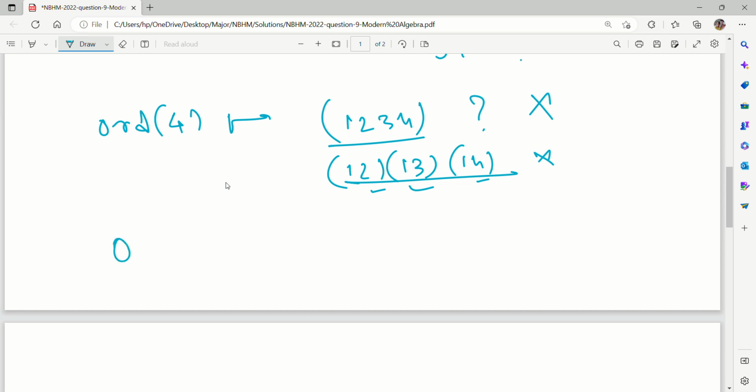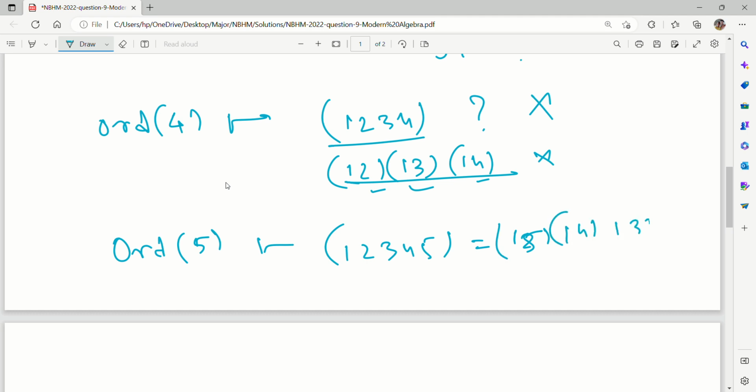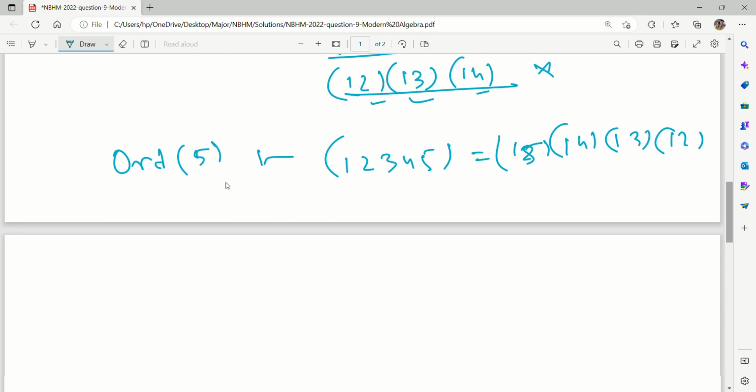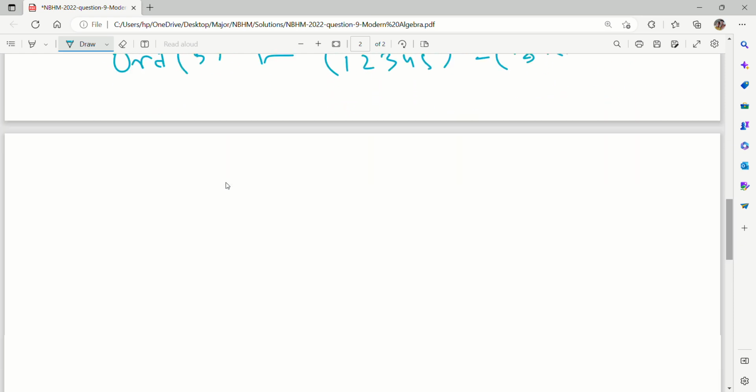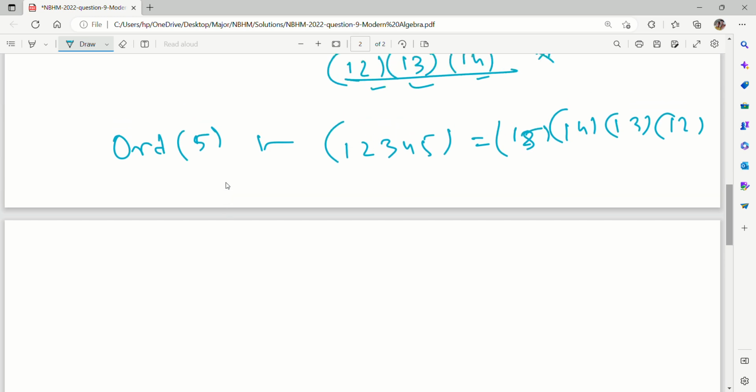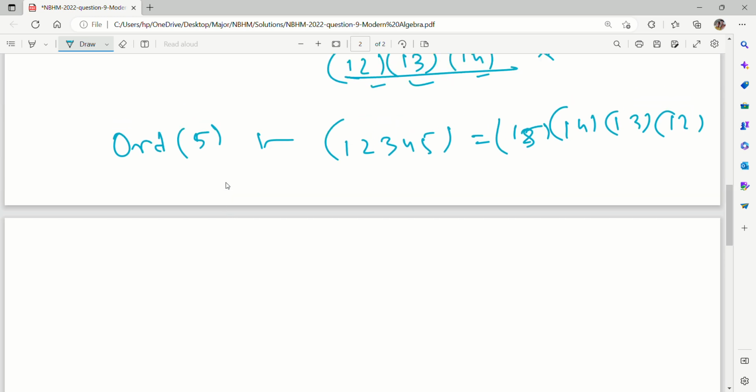Order 5 elements are there. Take a 5-cycle (1 2 3 4 5); we can write it as (1 5)(1 4)(1 3)(1 2), a product of an even number of transpositions. How many elements are there in this conjugacy class? The cycle type is only 5.